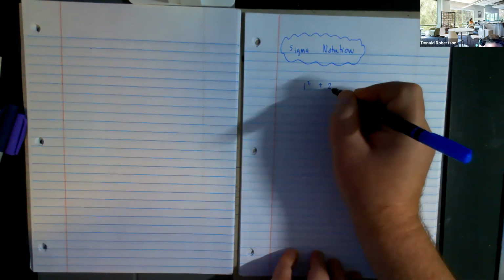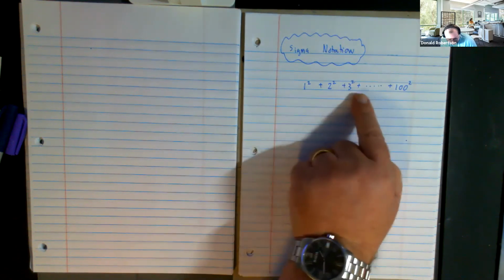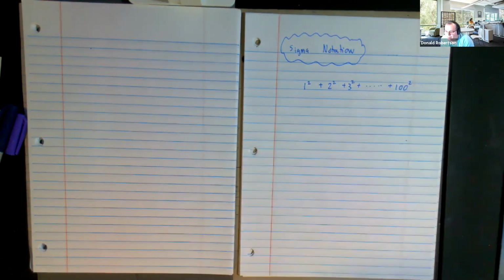Suppose I wanted to describe adding up all those numbers, 1, 2, 3 squared, all the way to 100 squares. I could write it like this, plus 100 squares. And that would represent a very big calculation. You agree?